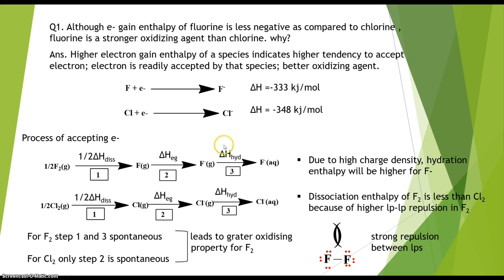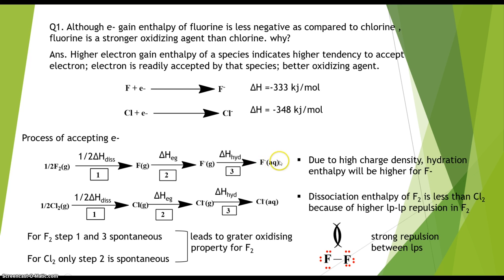Since the charge density of F minus is highest, whenever F minus is hydrated, a high amount of energy will be released. Because F minus has the highest charge density, more water molecules will hydrate the F minus, and that's why a high amount of energy is released in the hydration of F minus. For this reason the F minus aqueous species will be very much stable, because a high amount of energy is released in the third step.